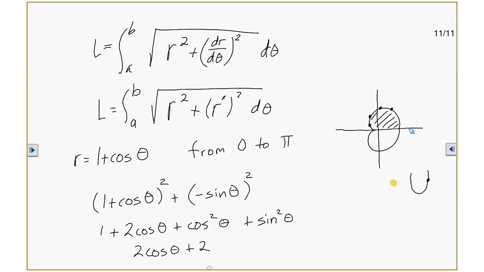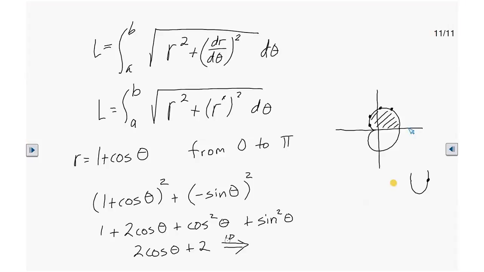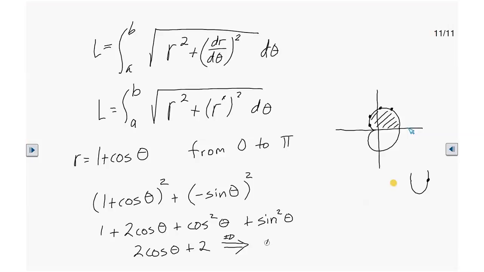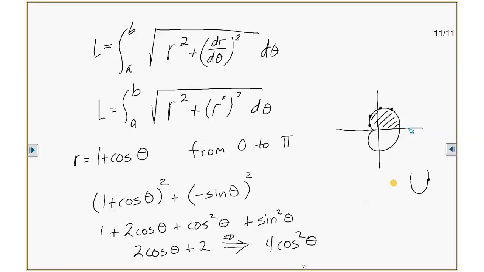I believe I can take that as an identity. Look through your identities. I believe you can change that into 4 cosine squared of theta over 2, using a half angle identity. I'll put identity right here.